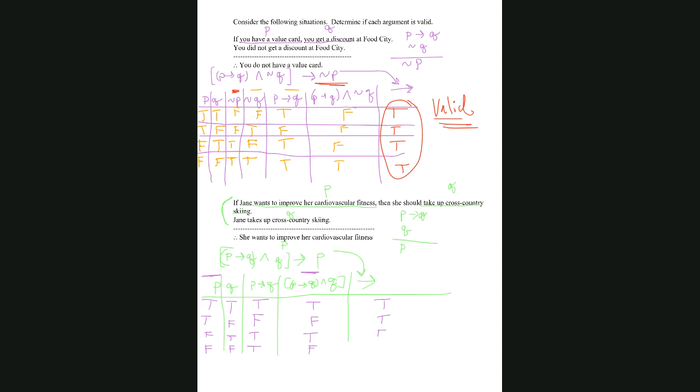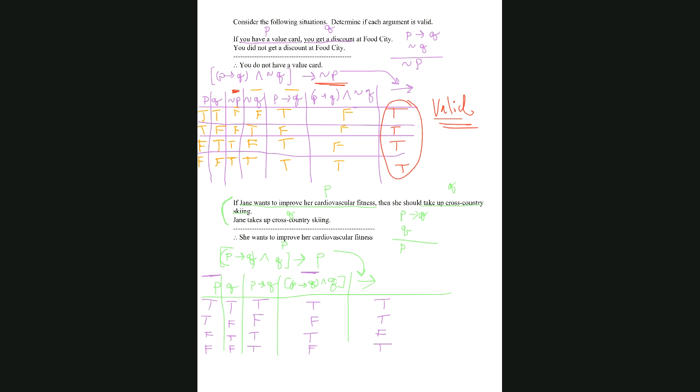And if false, then false, that's also true. So I made a mistake on mine. True, and then false. But it doesn't matter, because in order for this to be a valid argument, then this would all have to be true. So it's not a valid argument.